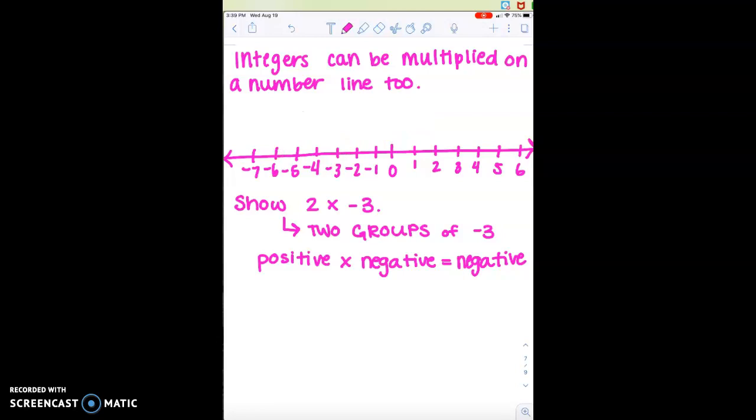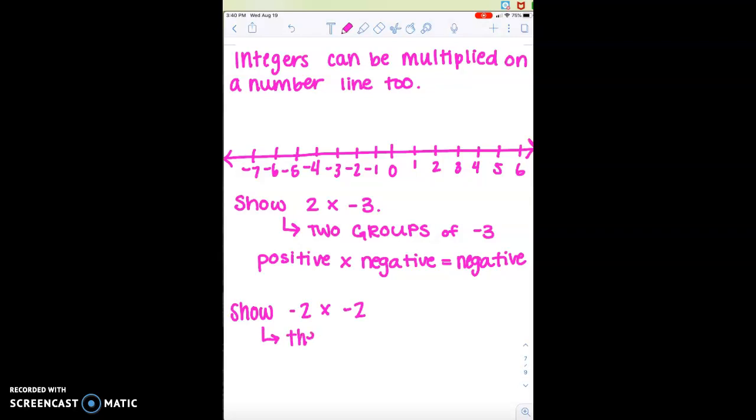But now, on the second example, I'm going to show you what happens if we have a negative times a negative, okay? So we're going to have to think about this in a unique way. When we're looking at these problems, it's something that's new, but we've already learned some things about negative numbers, right? And we've learned that the minus sign sometimes means the opposite of.